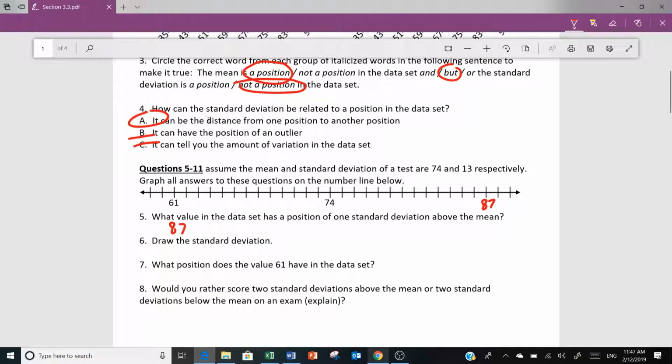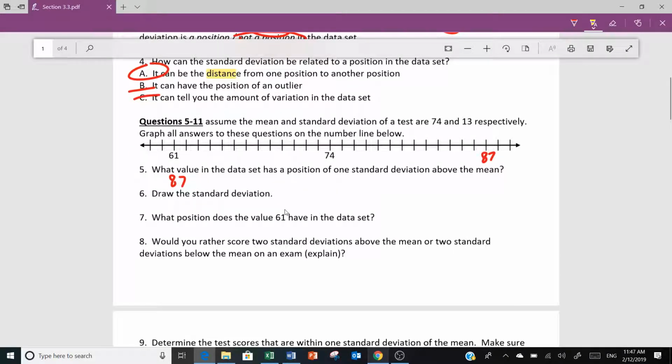We're using it as a distance. So if we're going to be drawing the standard deviation, it should look like a distance on the number line. So let's go ahead and draw the standard deviation on the number line. Again, we can ask our partner for help.